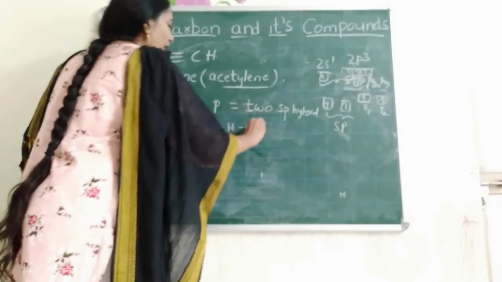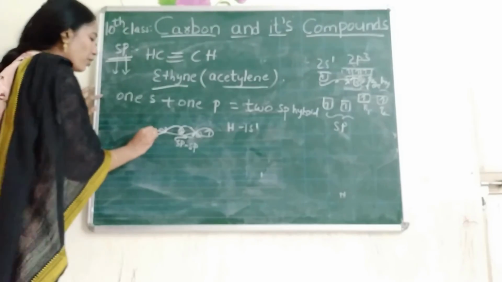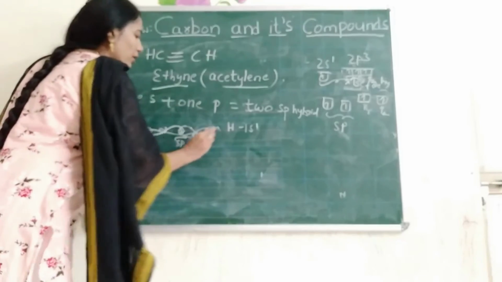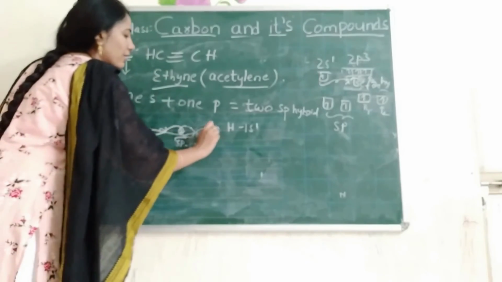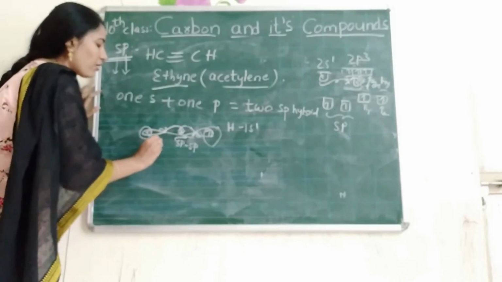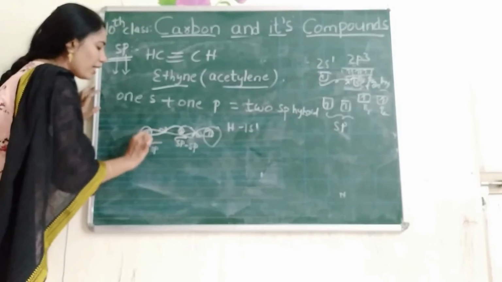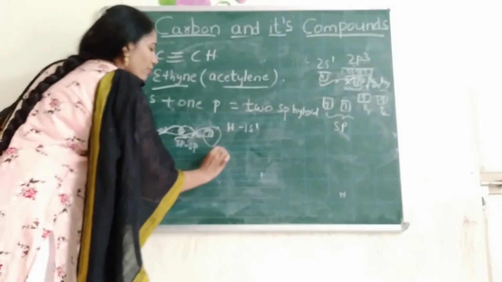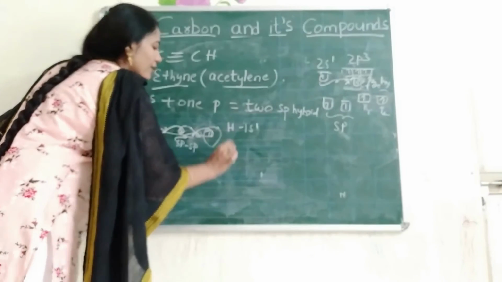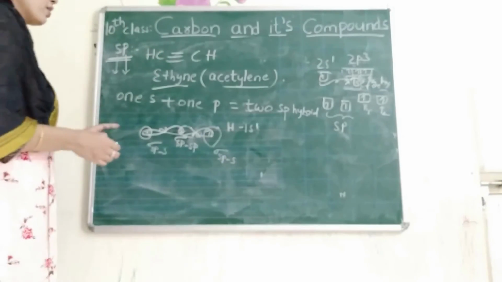The configuration of hydrogen is 1s1, and it forms a sigma bond by end-on-end overlap with the sp hybrid orbital. This is a sigma bond between an sp hybrid orbital and the s orbital of hydrogen.